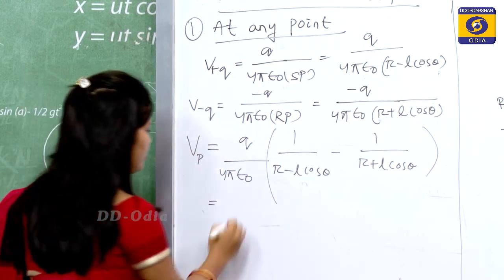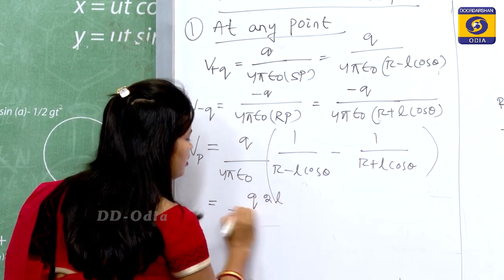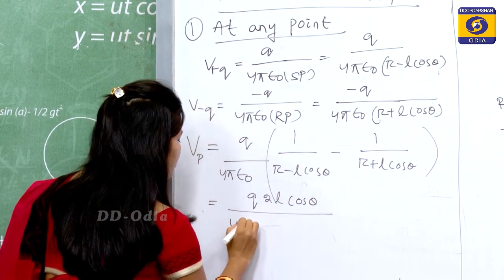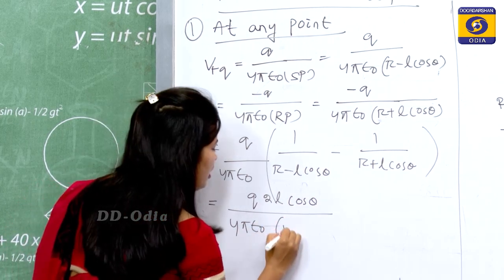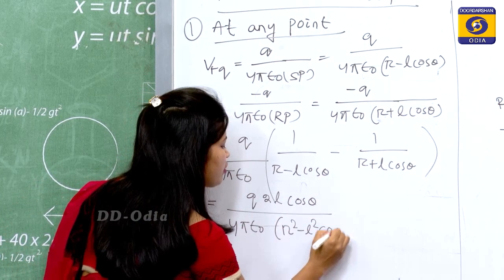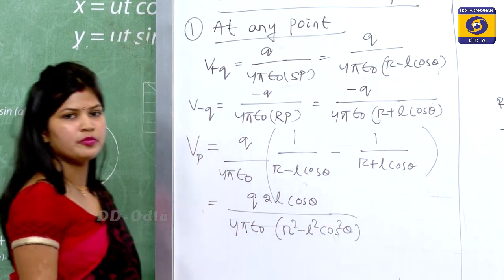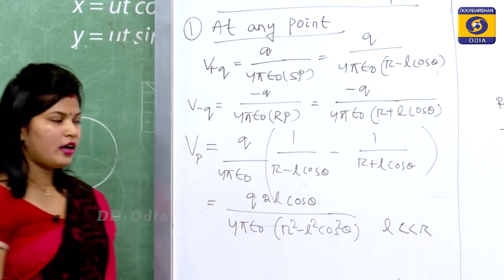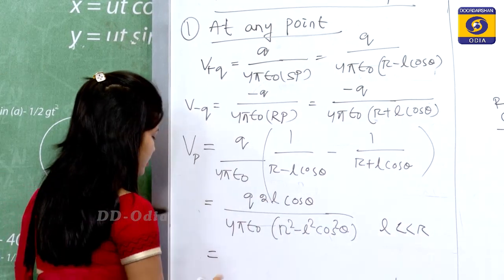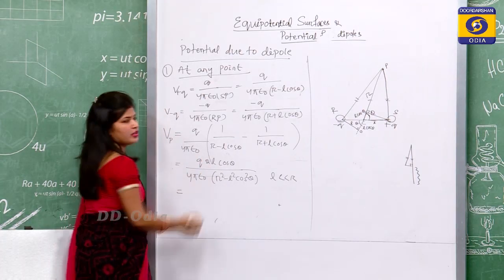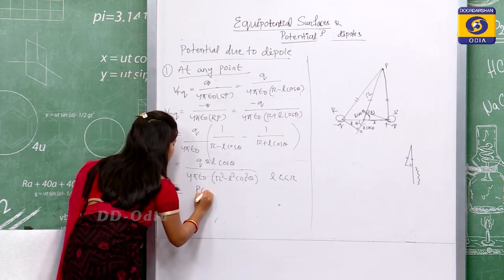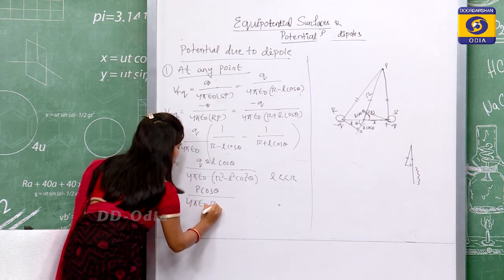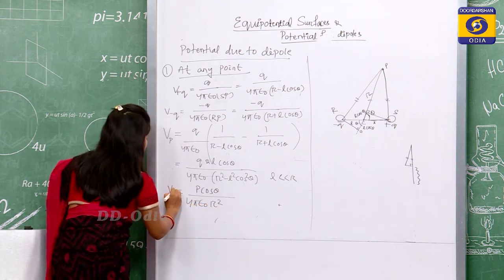On solving, I will find q times 2L cos theta upon 4 pi epsilon naught (r square minus L square cos square theta). As L is very much less than r, and q times 2L is our dipole moment p, I will find V equals p cos theta upon 4 pi epsilon naught r square. This is our potential.